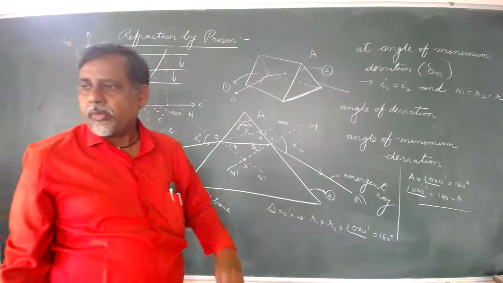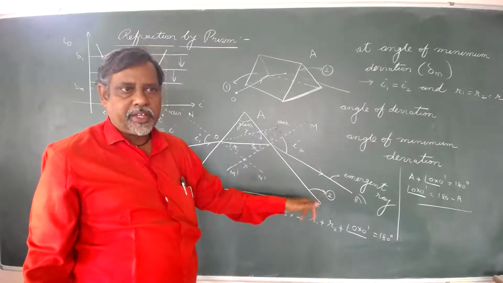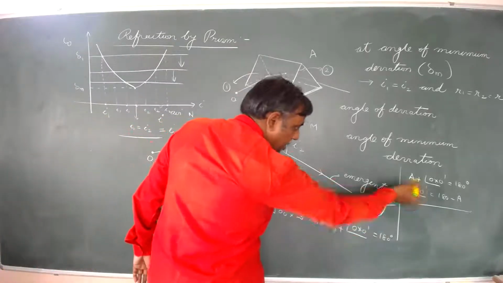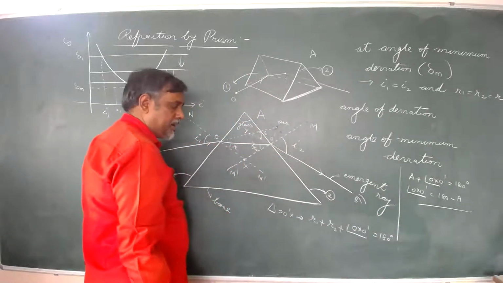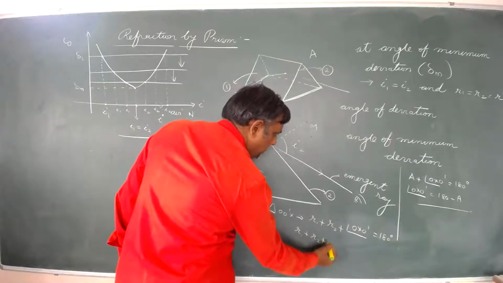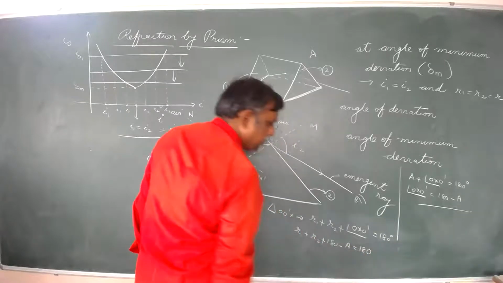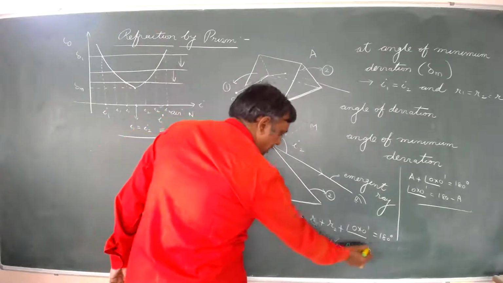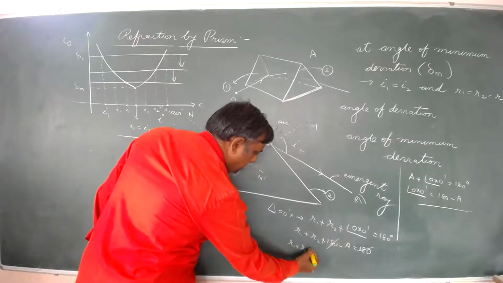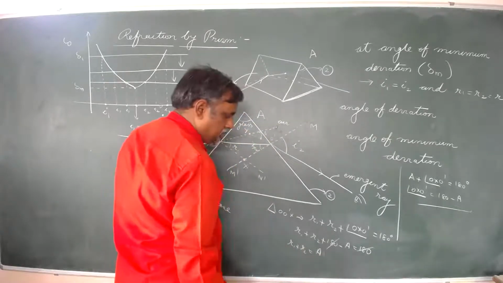Got it? R1 plus R2 plus angle OXO dash is equal to 180 degrees. The angle OXO dash we have written over there as 180 minus A. So this becomes R1 plus R2 plus 180 minus A is equal to 180. These two things get cancelled out. Therefore, R1 plus R2 is equal to A, that's all.